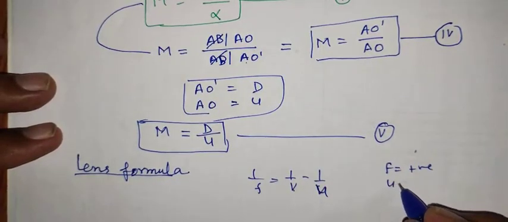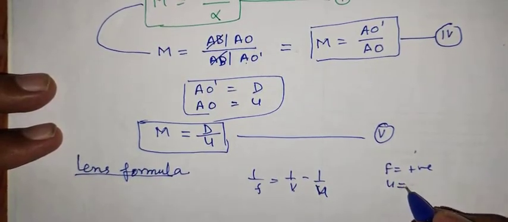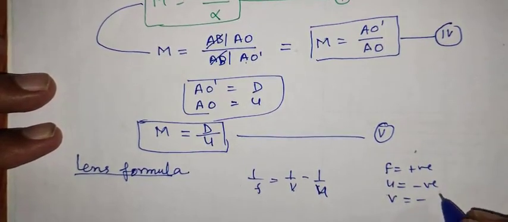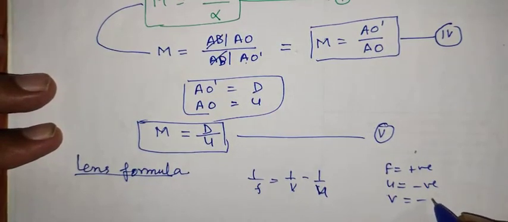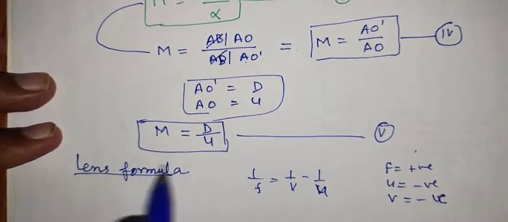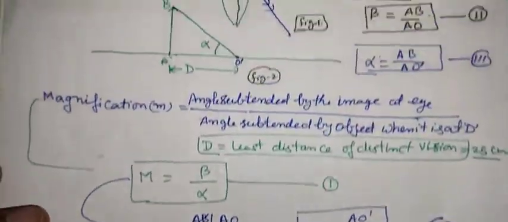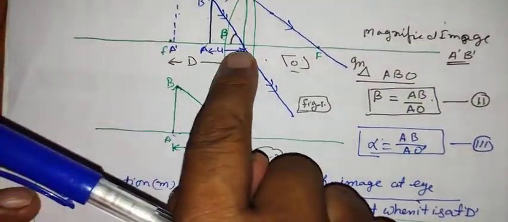Here U is negative, and the image is formed on the same side, so V is also negative, and it is minus D, the least distance of distinct vision.